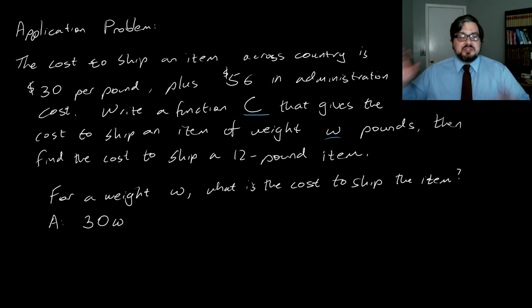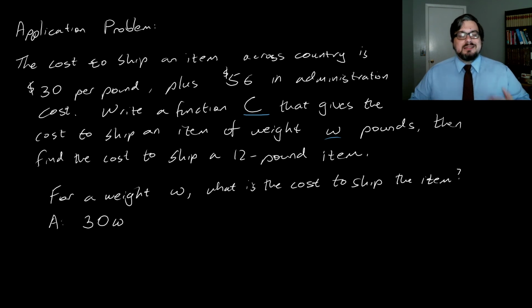Just considering the variable costs, we can say, all right, so if it costs $30 per pound, if I had a 2-pound item, that would cost $60. If I had a 3-pound item, that'd be $90. If I had a 4-pound item, that'd be $120. And so I'm saying, all right, what operation am I doing there? What am I doing with 30 and 2, 3, and 4 in each of those cases? Well, I'm multiplying them.